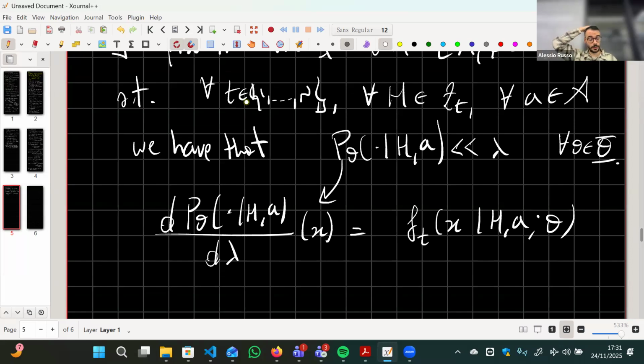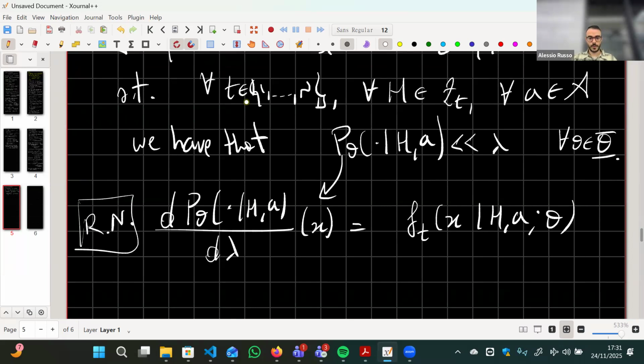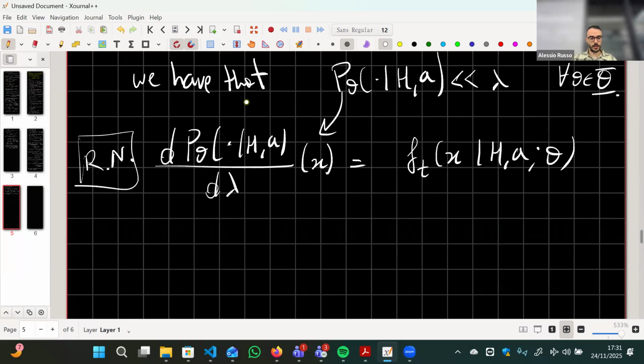So here it's just a definition. And because of that, you can show that the likelihood ratio of a given trajectory and theta is simply given by the product of these terms.